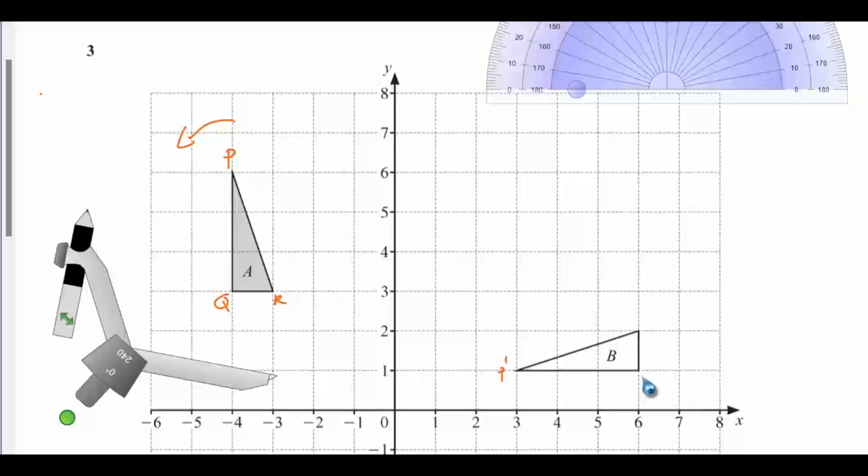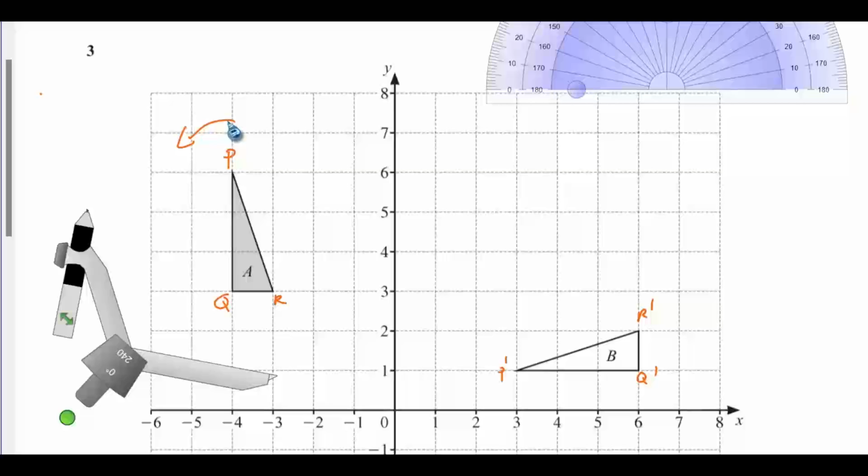Then this will be Q prime, and this will be R prime. So this tells us that it is a rotation. We need to get the center of rotation, the angle of rotation, and the direction. The direction is already anticlockwise.